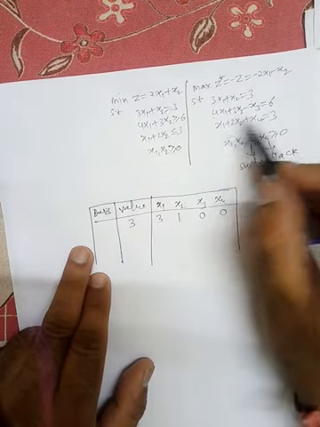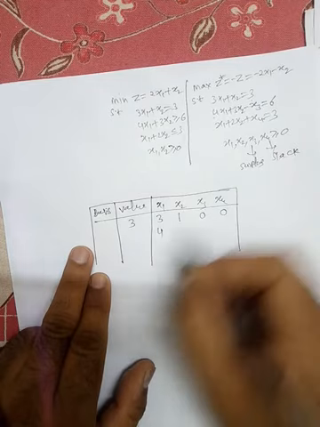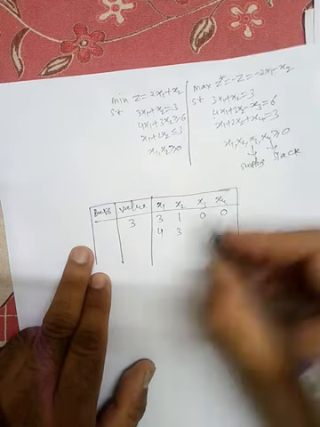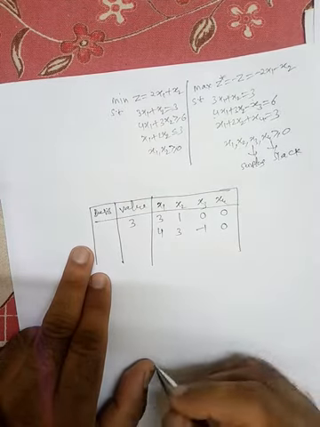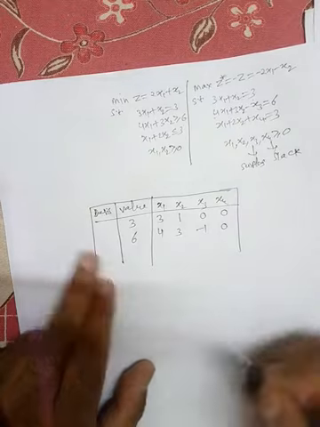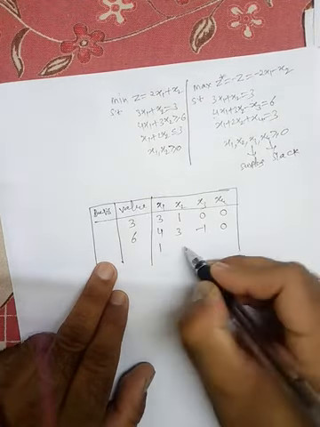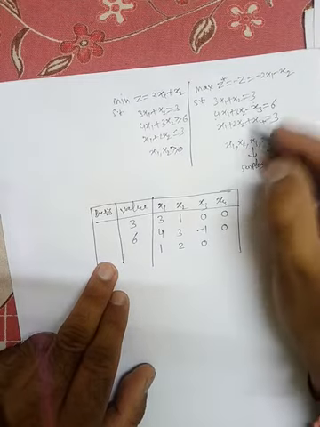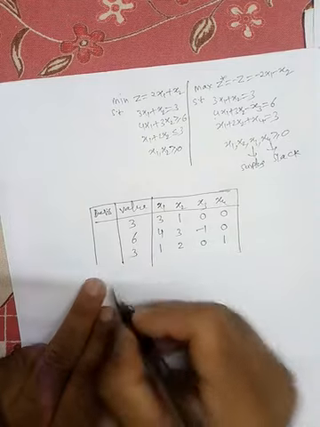Now second constraint, coefficient of x1 is 4, coefficient of x2 is 3, coefficient of x3 is minus 1, and then there is no x4, so 0. Here we have 6. Now third one, coefficient of x1 is 1, coefficient of x2 is 2, there is no x3, coefficient of x4 is 1, and then right hand side is 3.